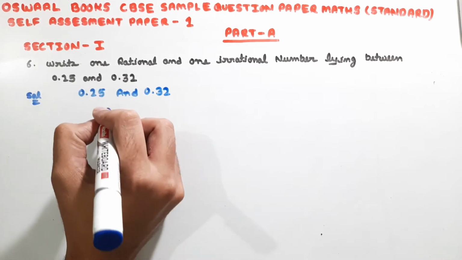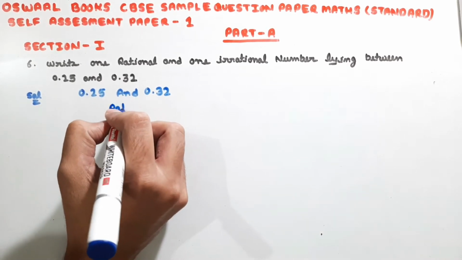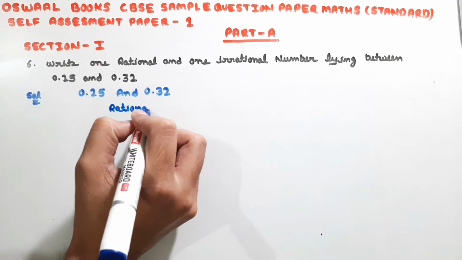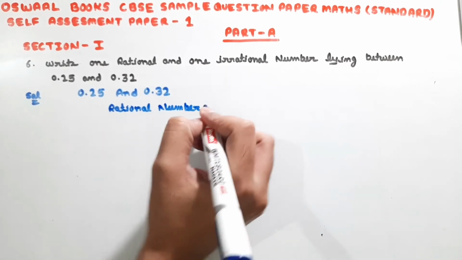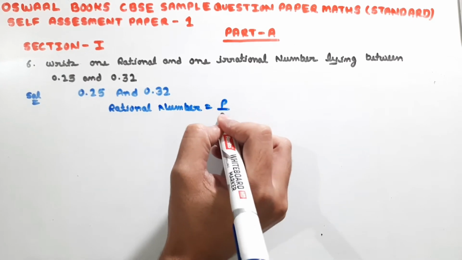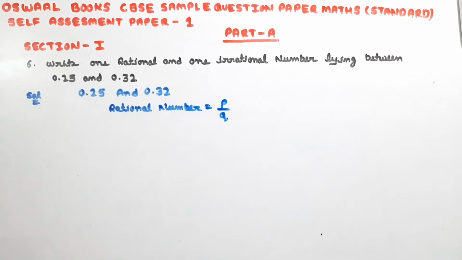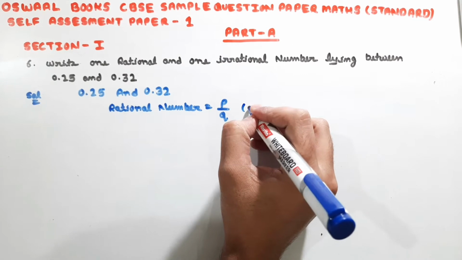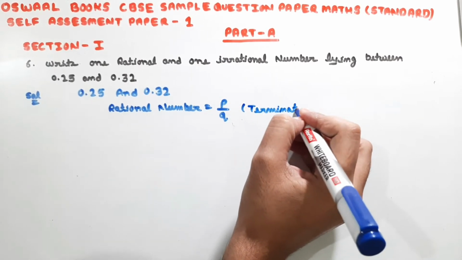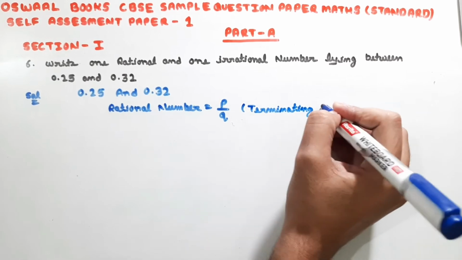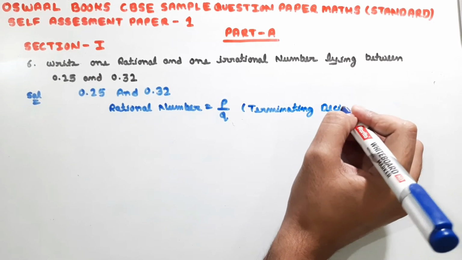So we know that rational numbers are the numbers which can be represented in the form of p upon q, which are terminating decimals.